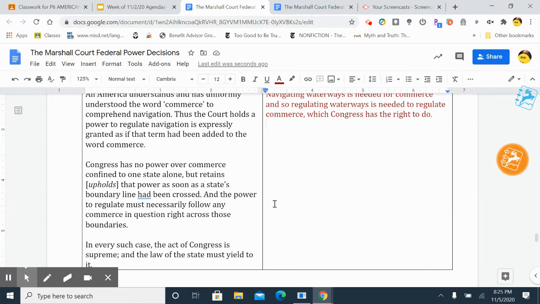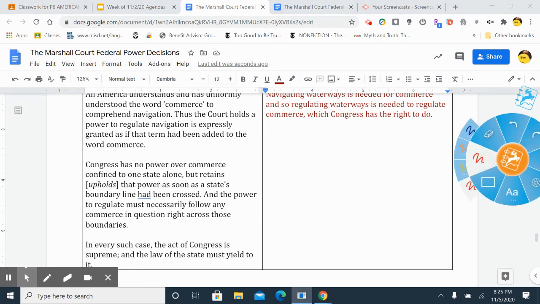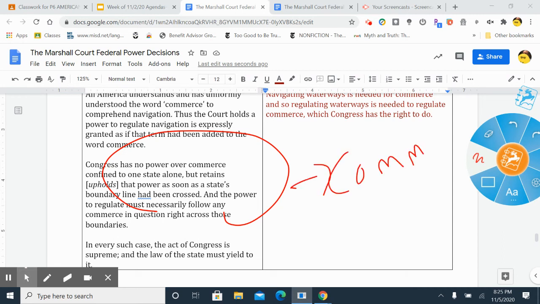Think about what John Marshall, the Chief Justice of the Supreme Court, is saying in this particular clause, talking about interstate commerce. The boundary lines have been crossed. When the boundary lines of the states have been crossed, that is interstate commerce. That is under the power of the states. So you need to write something to that effect here.